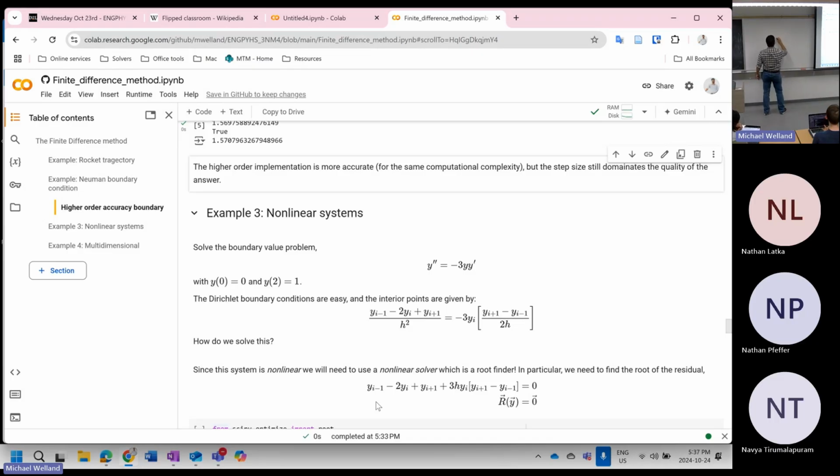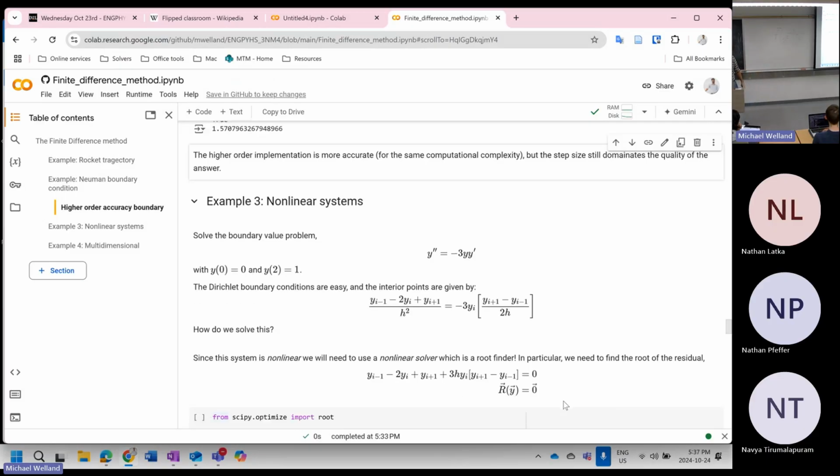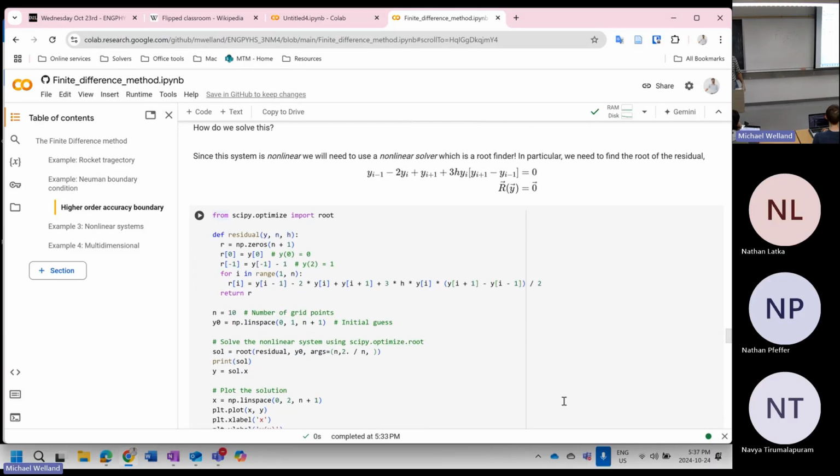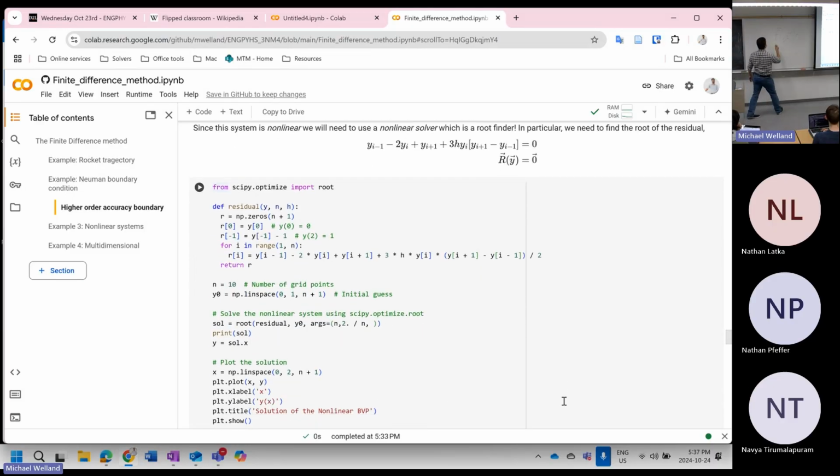And now what we have is a function, which is a vector, of our vector of unknowns, is equal to 0. And we know how to solve this. This is just nonlinear root finding, right? We say that that function is the residual, and we find the root where it's equal to 0. And this actually becomes very, very easy to solve, right?